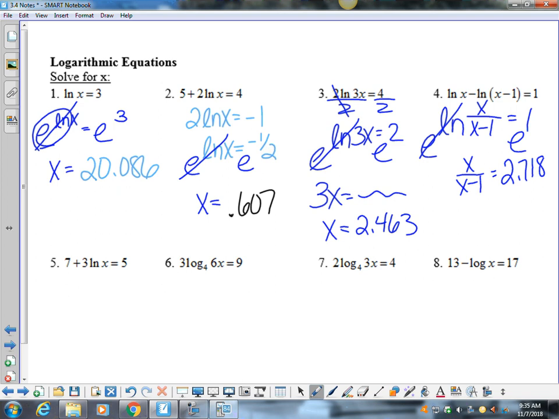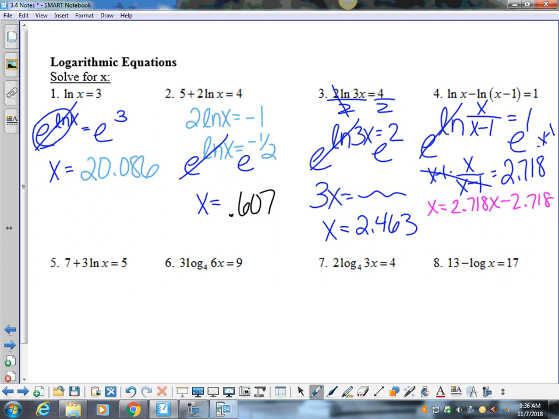Okay, algebra skills. Good. Times both sides by x minus 1. So I get x equals, does that just give you 2.718x minus 1? No. Yes, you've got to distribute that. 2.718x minus 2.718.